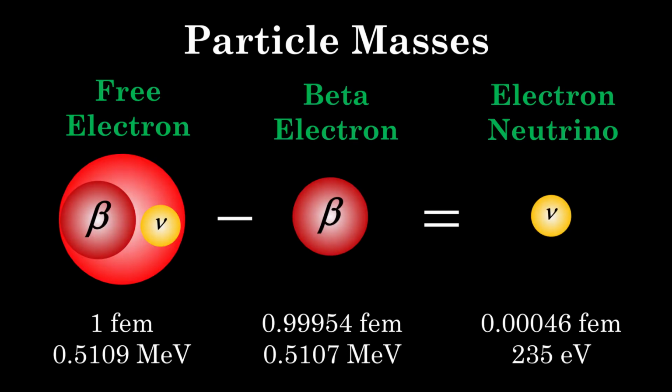This implies the electron neutrino adds about 0.00046 free electron masses, or 235 eV, to the mass of the beta electron to form the free electron. This is slightly greater than the current electron neutrino mass upper limit estimate of about 2 eV.